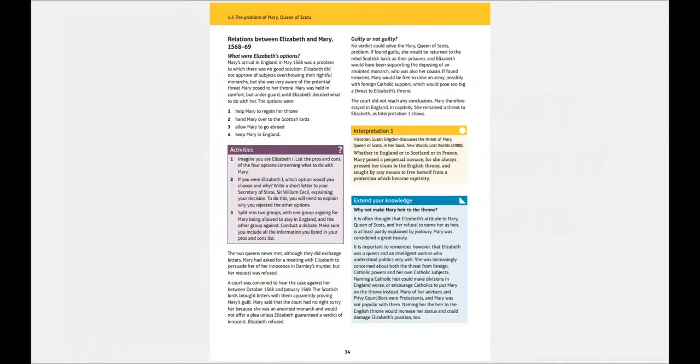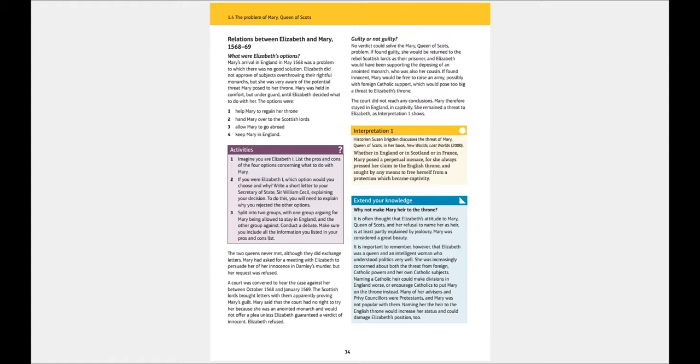And remember this work that you did in Lesson 7, that relations between Elizabeth and Mary begin to deteriorate from the late 1560s onwards, and Mary is a figurehead for the Northern Rebellion, which is the first major threat to Elizabeth in 1569. She is also the figurehead for other plots, like, for example, the Throckmorton plot and the Babington plot.